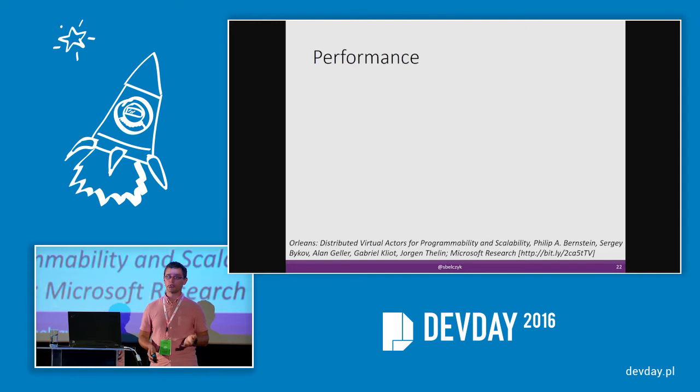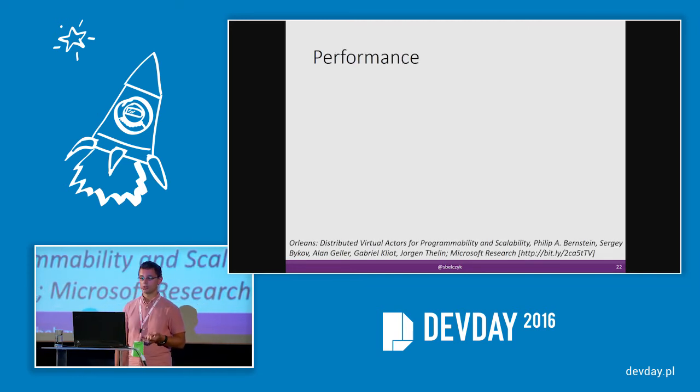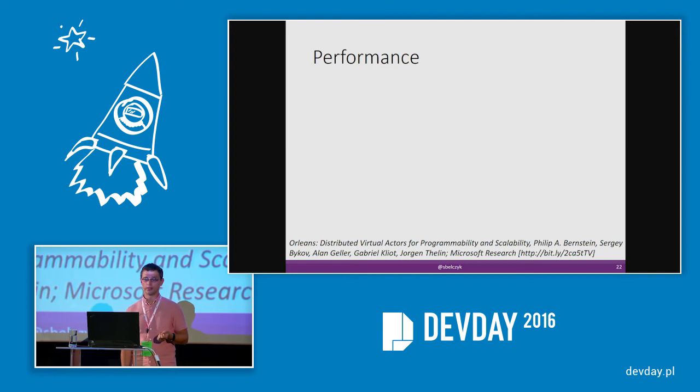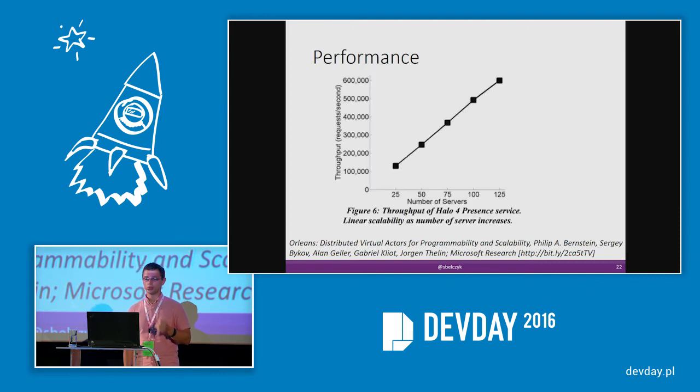Now, I'm telling you a lot about Orleans, that you can simply create a distributed system, but it won't be worth much if it's not performant, if it's not efficient, right? So I have two graphs here, and I took them from the original virtual actors paper. They show the performance of the Halo 4 presence service.